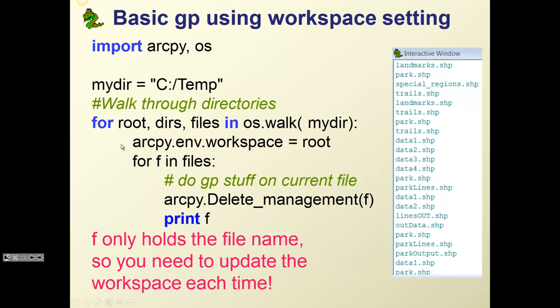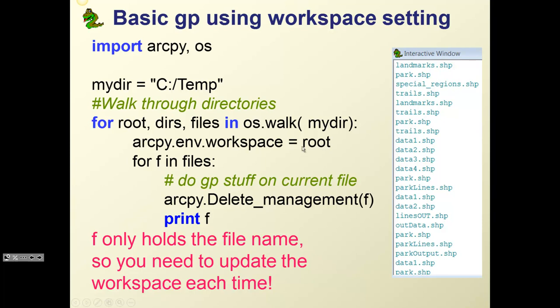So you could do os.walk, and then since F, when we loop through this files list, is just the name of the data, we would need to update the workspace right inside of the outer loop to the root.